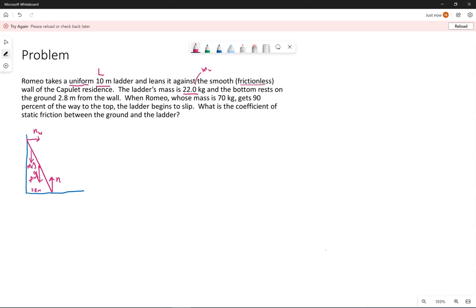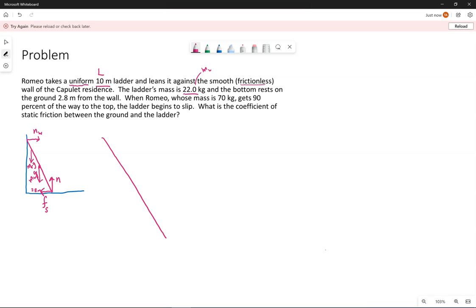Then they're asking us for the coefficient of static friction. So there has to be friction that's not allowing the ladder to slide. So the force of static friction to keep the ladder from sliding away from the house is going to point towards the house. All right, let me draw this bigger.